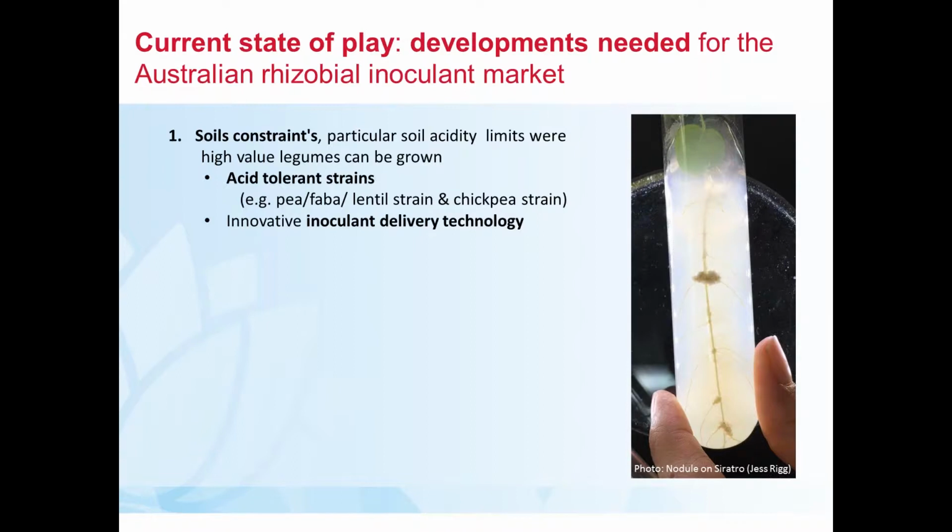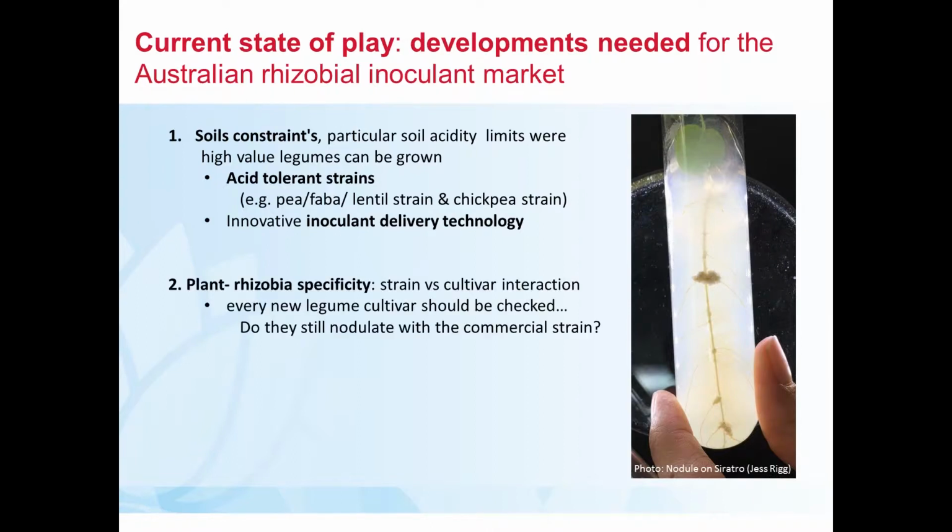So there's work going on around developing acid-tolerant strains, and this is further along for the pea, faba, lentil strain and also the chickpea strain. There's also a lot of interest in developing innovative inoculant delivery technology that overcomes some of these soil constraints.